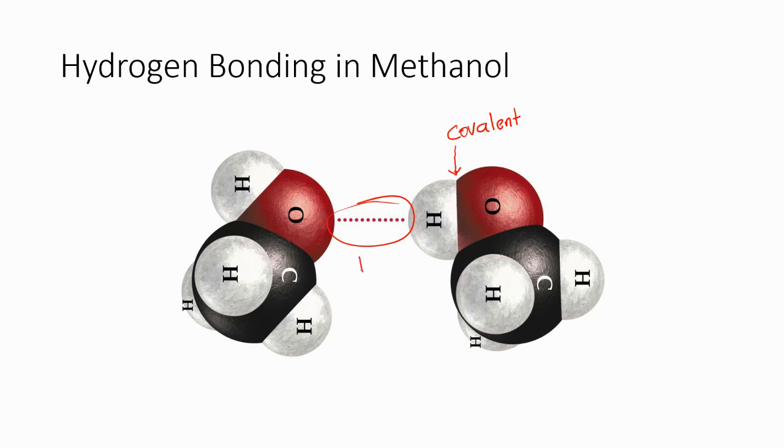That is what's referred to as an H bond, and that is very strong. Now imagine you have millions and billions and trillions of molecules doing that. You have a substance that is linked together in a very strong way. Of course, it's going to have a high boiling point.